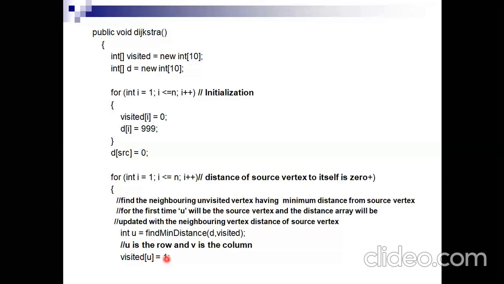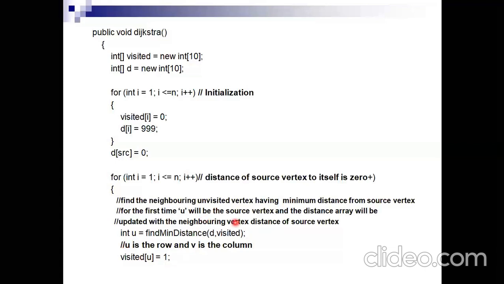For the next iterations, U acts as your row, and V is the column. So for the next step, what should I now do? I should update the distance array with respect to U, for all the neighboring vertices.